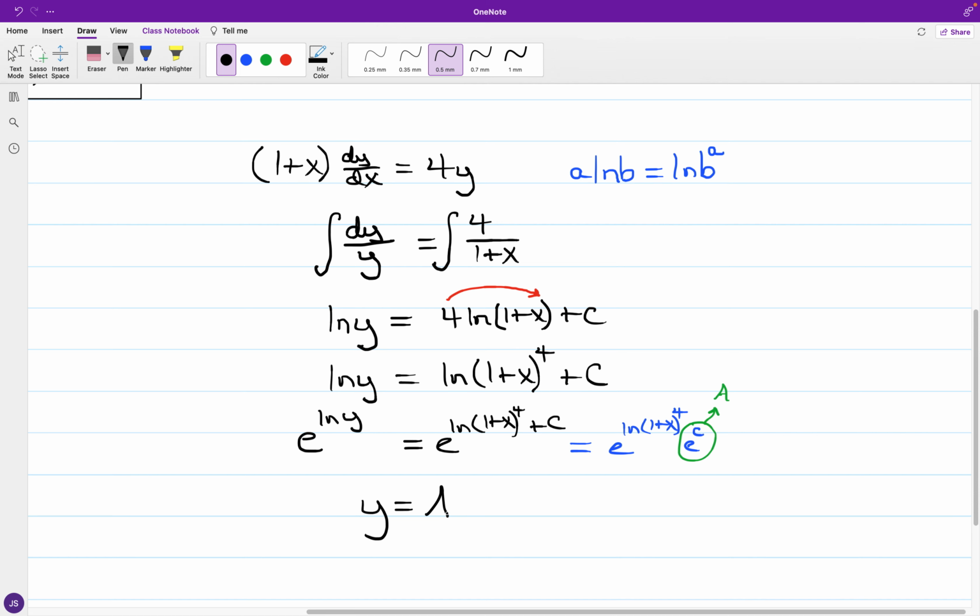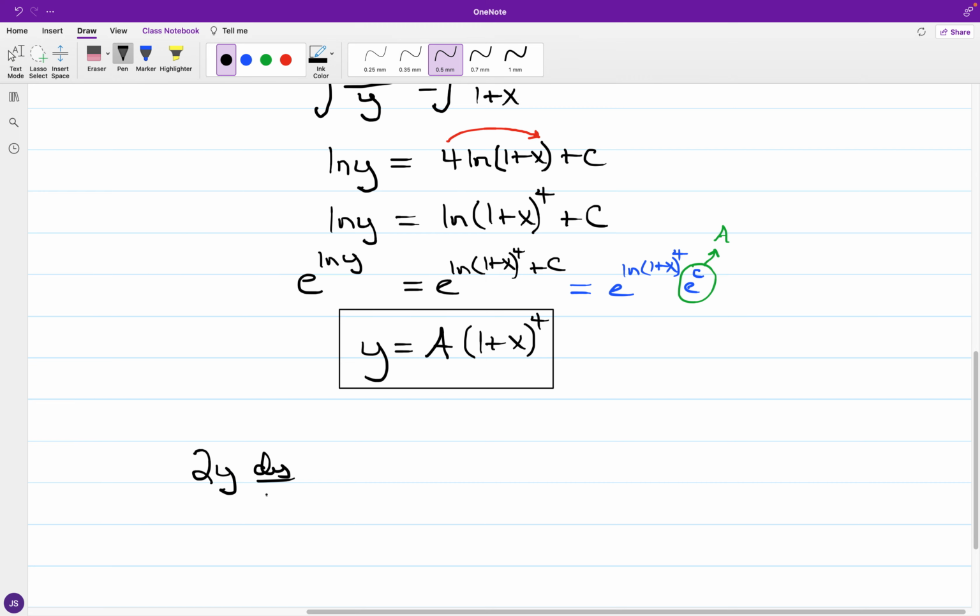Now, for what we have in the next set, a little different layout. We got 2y dy over dx is equal to x all over the square root of x squared minus 16.